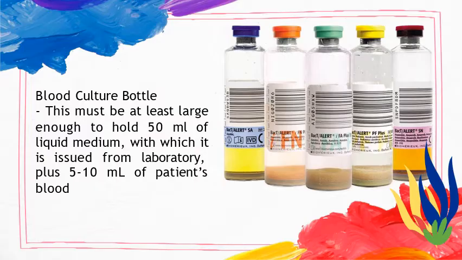Now, we have your typical colored bottles, as you have seen here. We have your yellow, which is your aerobic blood culture bottle that detects bacteria that require oxygen for growth. Your red is your anaerobic blood culture bottle, which detects bacteria that thrive in the absence of oxygen. So there are different types of colored bottles seen here.